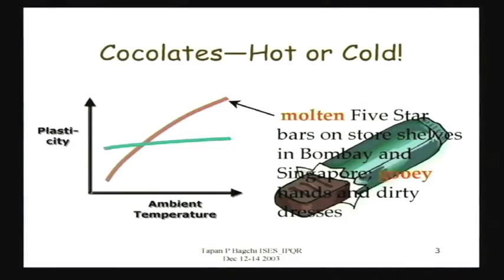It turns out that there are examples that we can go back to. Remember the chocolate experiment. The red chocolate bar would be the molten chocolate. Those are the ones that kids would like to probably have, but moms would complain because they have to wash their shirt. And of course, kids come back with all the gooey stuff in their hands. That's not something moms like.